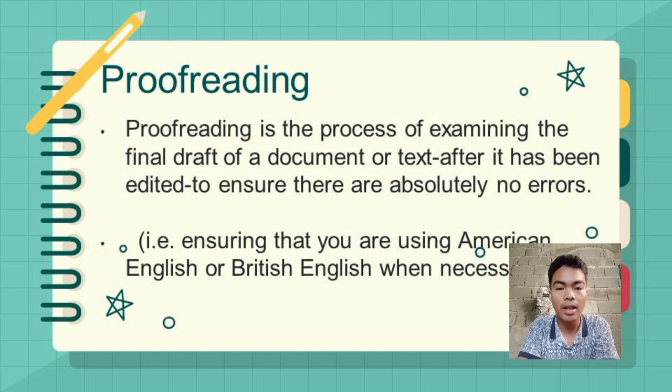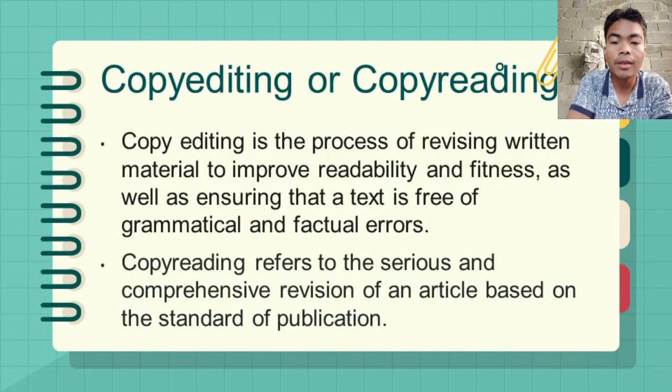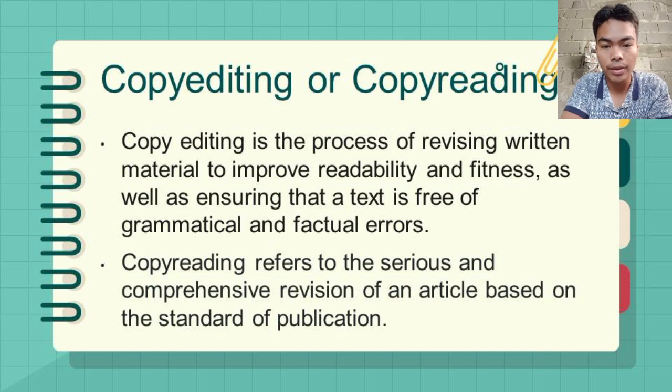Okay, let us discuss the final skill, copy editing or copy reading. We're going to discuss the difference between these two. Copy editing typically involves reviewing and correcting written materials for errors in grammar, spelling, punctuation, and syntax.